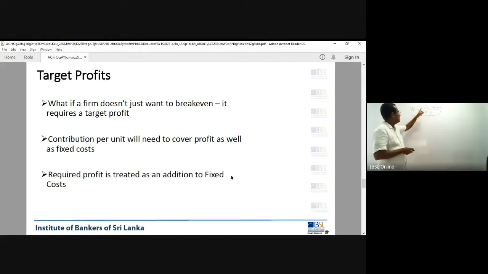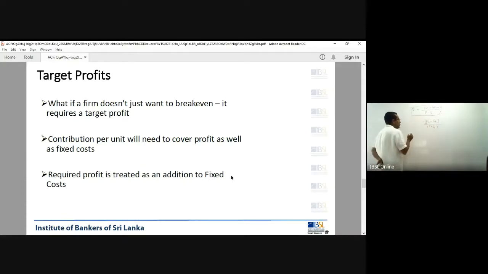So we have the fixed cost and we have a figure for this. So it is fixed cost plus a profit. So we consider this as a total fixed cost. And we say price minus V, variable cost, which is the contribution.